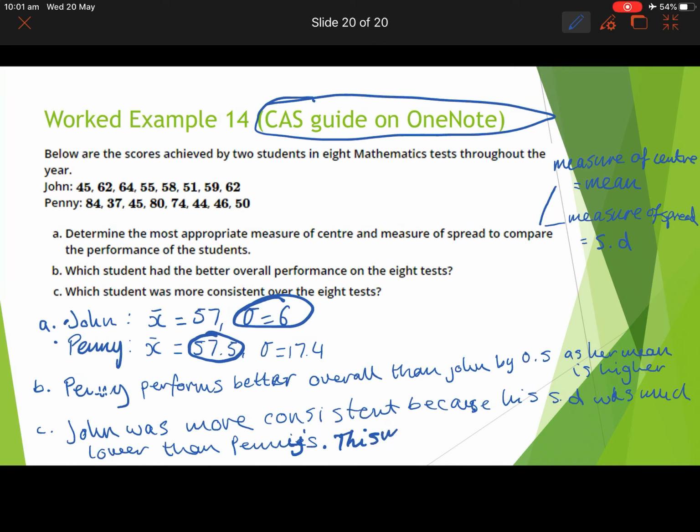This means that his test results were closer to his mean score.